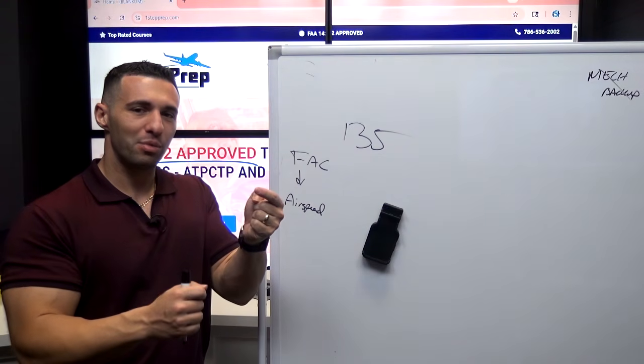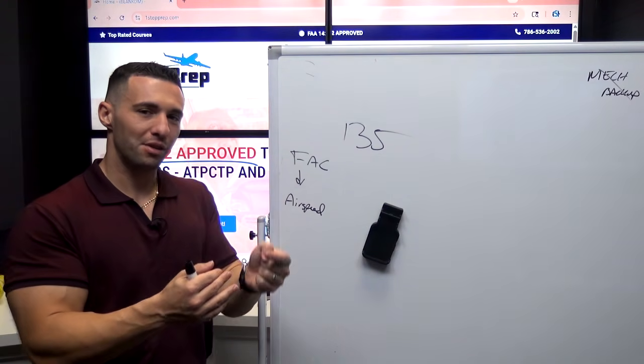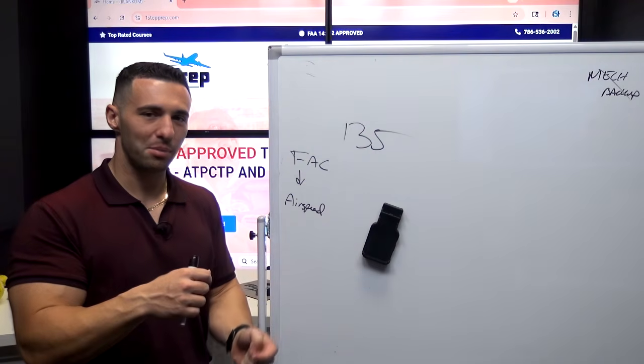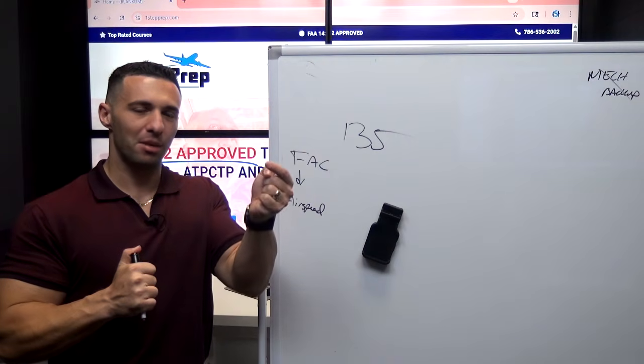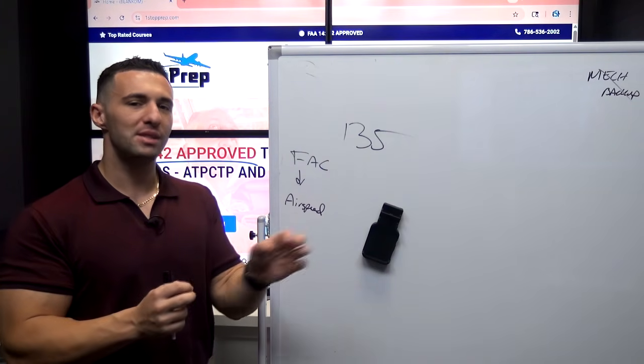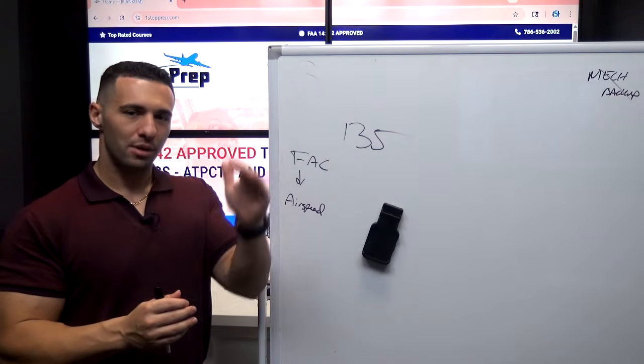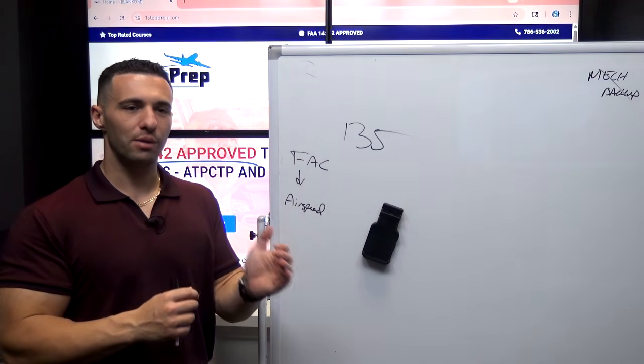Then maybe I throw flaps 1, and all of a sudden VLS starts to come down. Then I go flaps 2 and VLS comes down. But then maybe I put a bank in and I start to pull and add G-load, and then the VLS comes up.